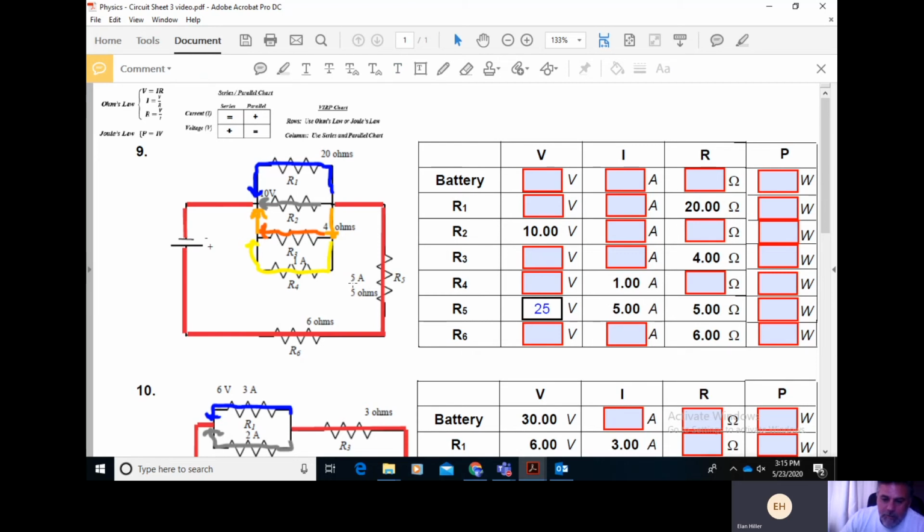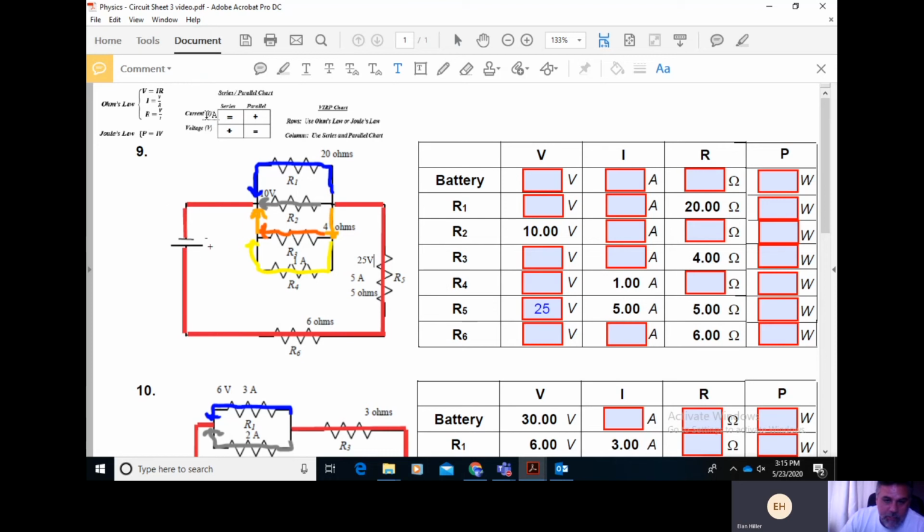So on R5, I'm going to go ahead and annotate the circuit as we go. 25 volts. And I also know that there's 5 amps of current going through this resistor number 5. I also see that resistor number 5 is in series with resistor number 6 and the battery.